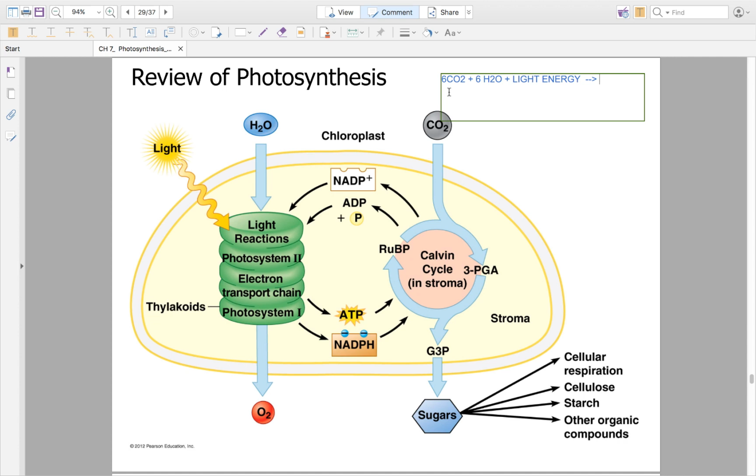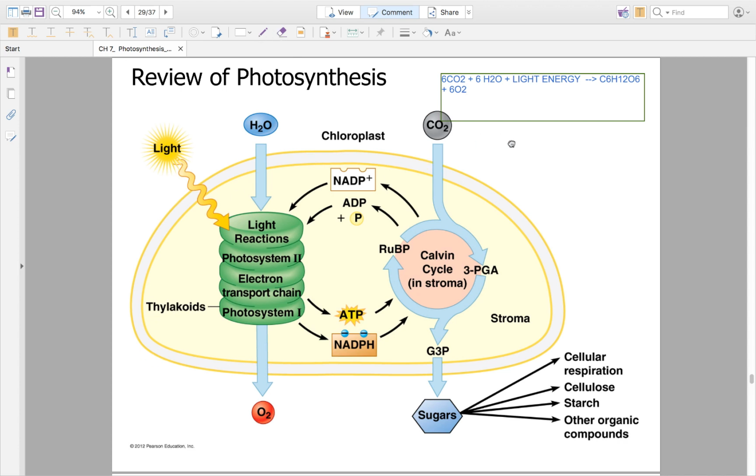And what do we get? We get glucose, which is a C6H12O6 organic compound, plus 6 O2, and that's the O2 that you breathe.